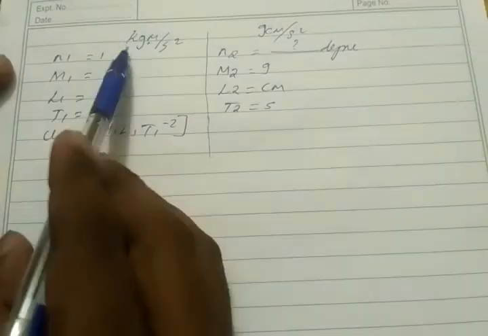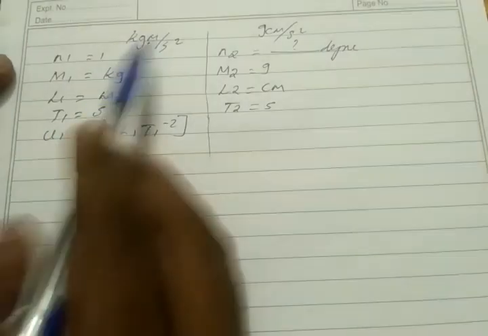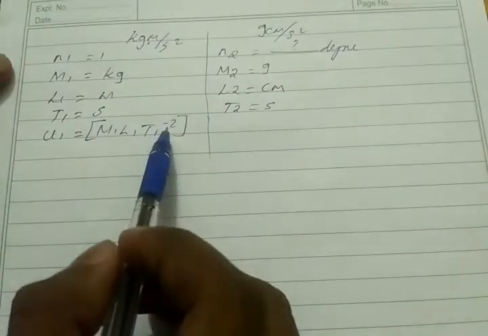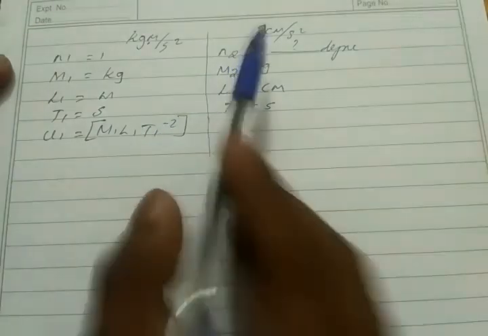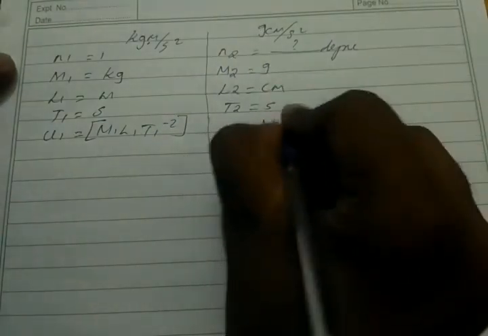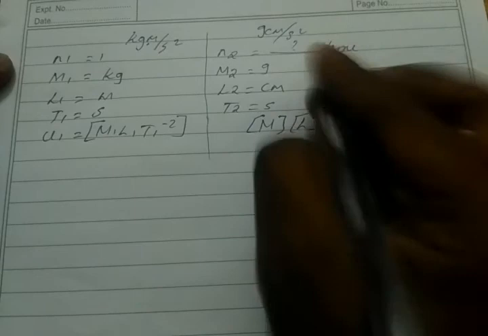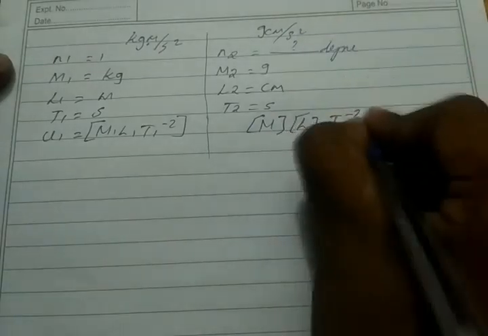Kilogram is mass, M. Meter is length, L. Second is time, so we have time to the power minus 2. Also for gram we use mass, centimeter length, and time T power minus 2 because it is second square.